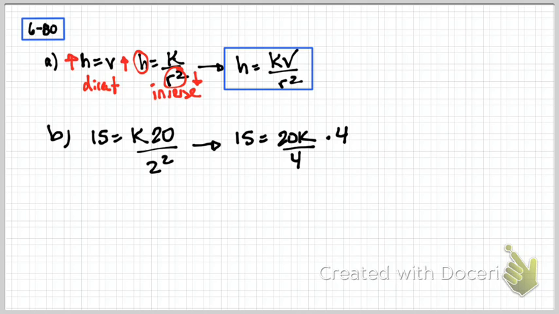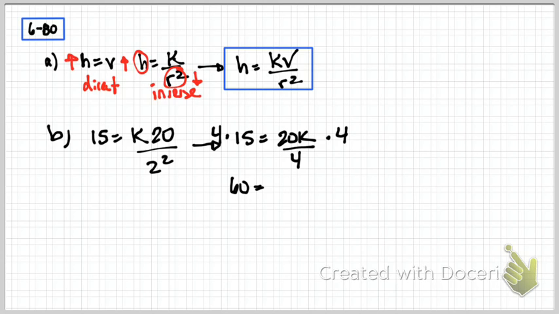Times 4, we get 60 equals 80K. Actually, nope. 60 equals 20K, because these will cancel. Divide by 20, divide by 20. This allows us to solve for K. K is equal to 3.